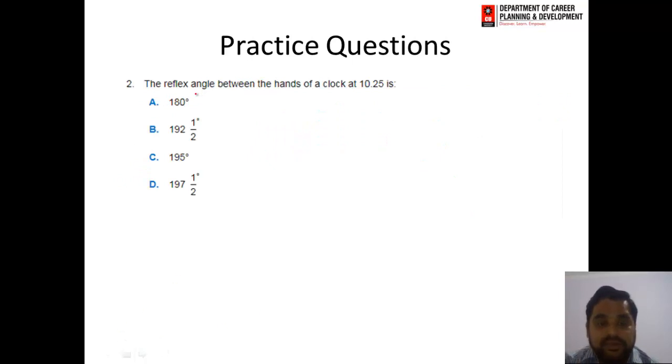So now here we have question number 2, where we need to find the reflex angle between the hands of a clock at 10:25. So we know that the value of theta is the modulus of 30h minus 11 by 2 m. So we just put the value of h as 10 and the value of m as 25.